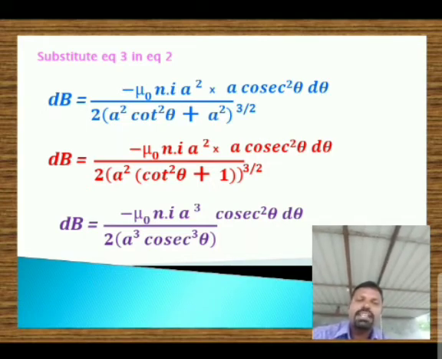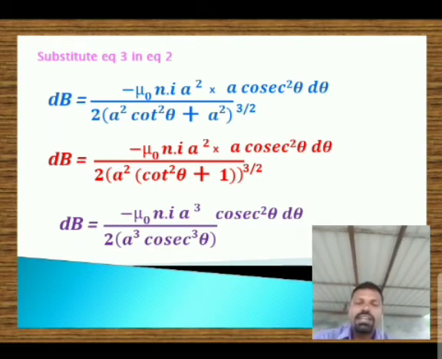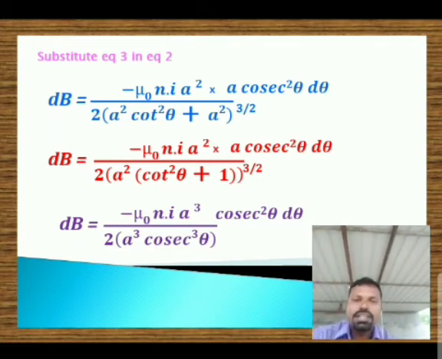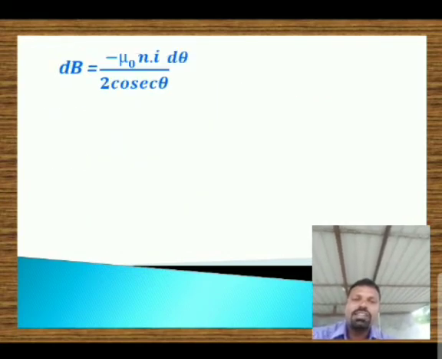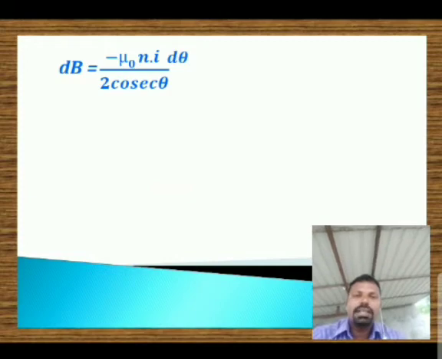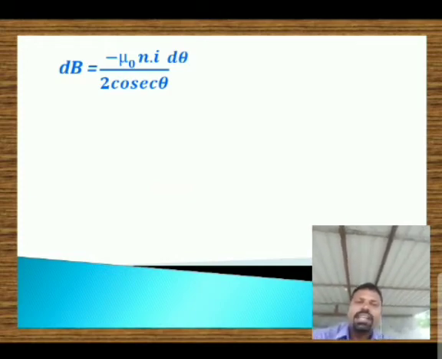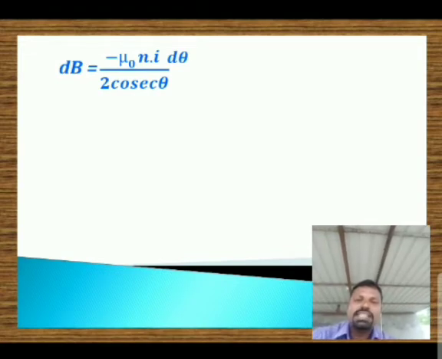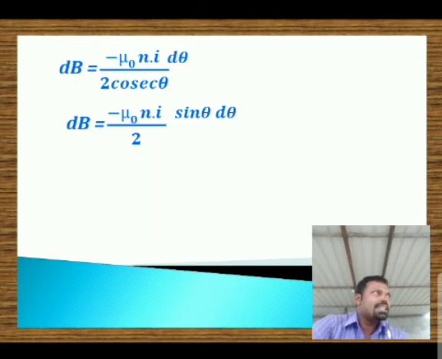Now dB is equal to minus mu naught n I a cube by 2 into a cube cosecant cube theta, times cosecant square theta. Cosecant square and cosecant cube cancel, and a cube also cancels. What remains is dB equal to minus mu naught n I by 2 times d theta over cosecant theta, and 1 by cosecant is sin theta.